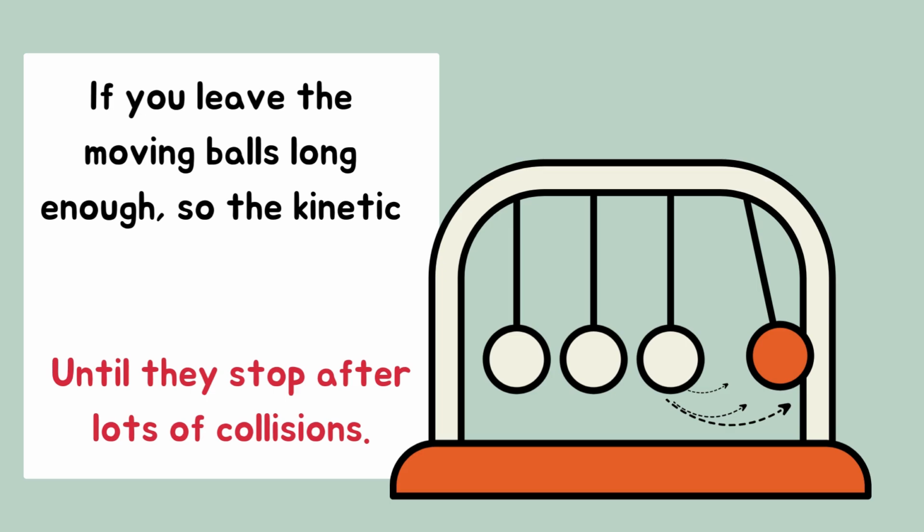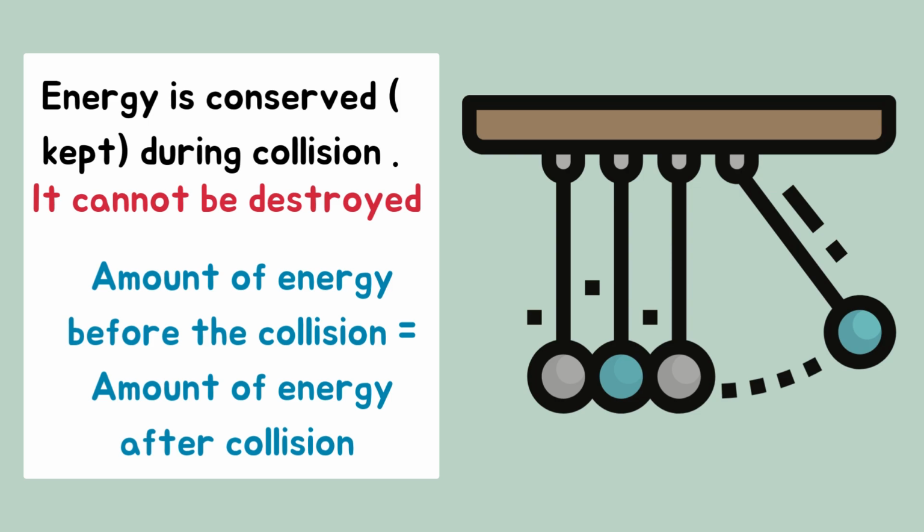The kinetic energy will decrease gradually, okay? And you will see this as the balls on the sides move a shorter distance. So the kinetic energy will decrease gradually until, after many collisions, the kinetic energy becomes zero and it stops. Here we have a very important note: the energy is conserved.